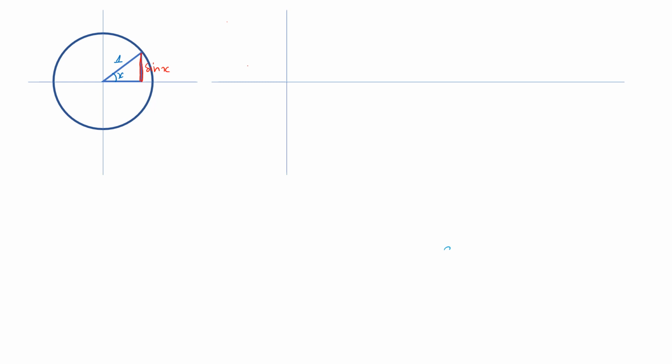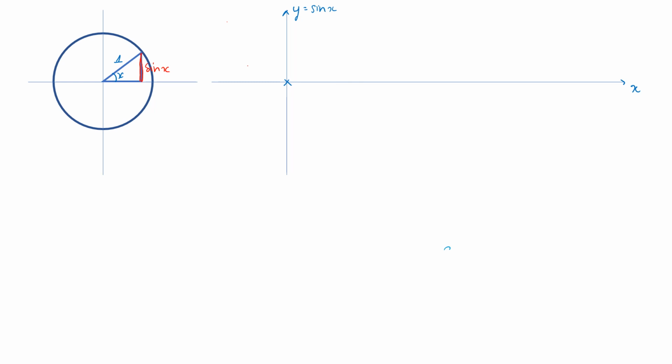And indeed, if we have no angle to this triangle here, we're just going to end up with a flat line along the x-axis, and hence our function for sine starts at the origin. So our x-axis here is our angle, and y is the height of the triangle, which represents sine x.